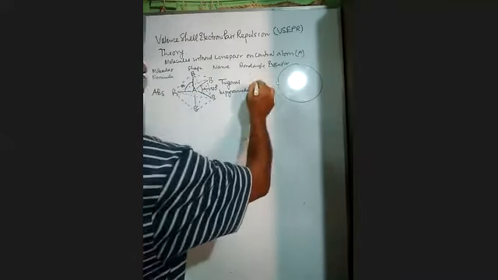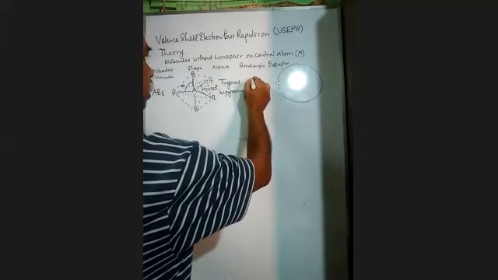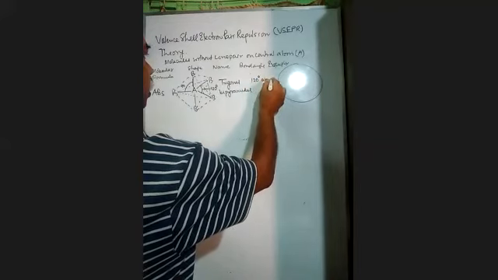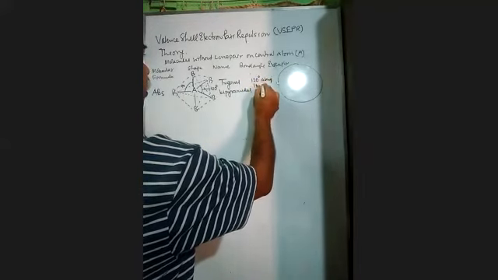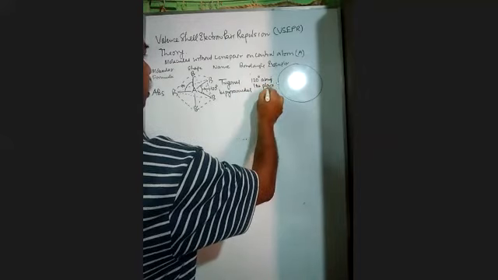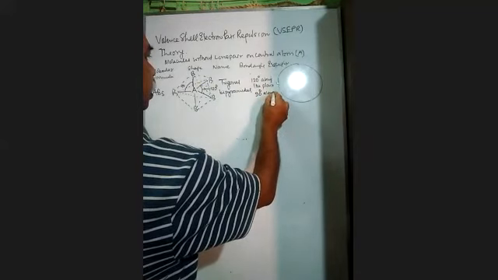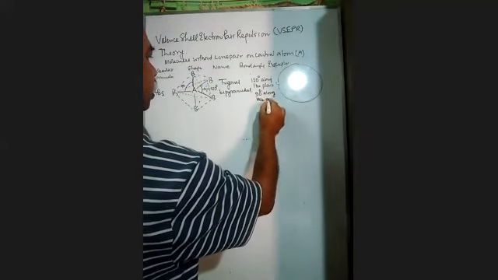So you have two types of bond angle. 120 degree along the plane and 90 degree along the axis. Trigonal bipyramidal has two types of bond angle.